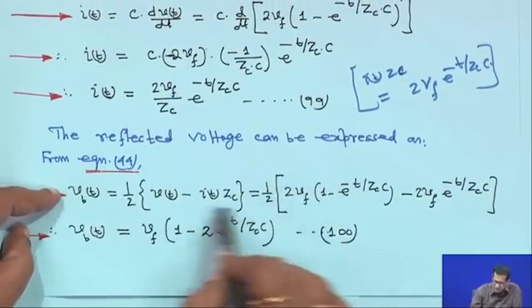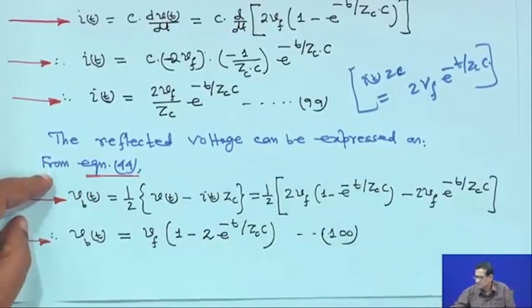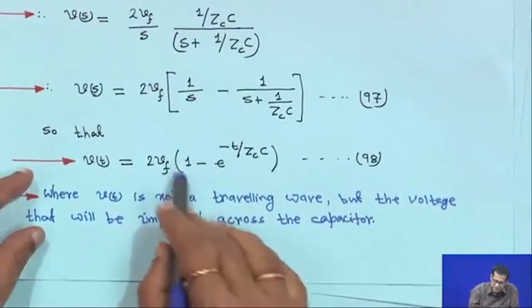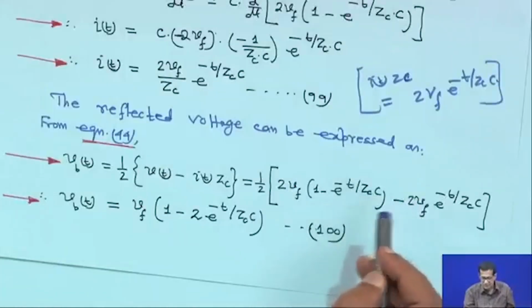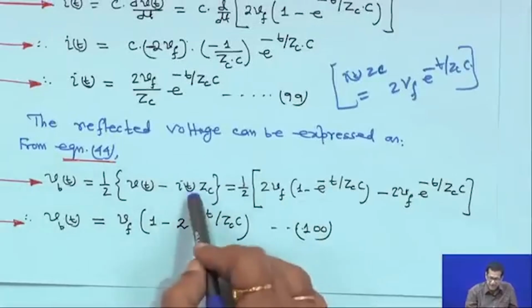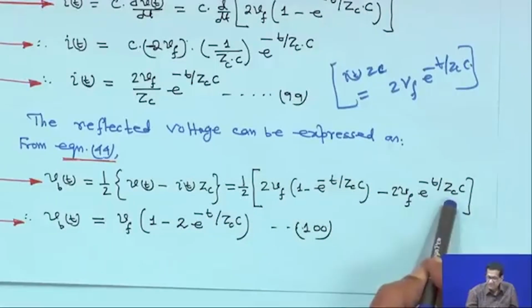Now Vt, as we just saw, is 2Vf into 1 minus e to the power minus t upon Zc into C. So you substitute this one here for Vt, and then It into Zc, this one actually, minus 2Vf e to the power minus t divided by Zc into C.